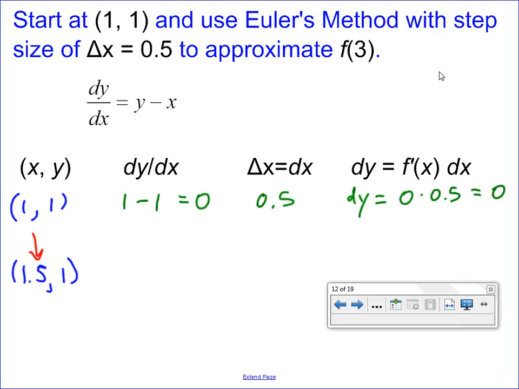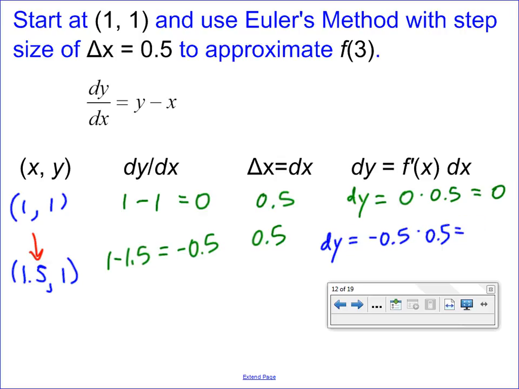All right. Now let's use my new point to calculate my instantaneous rate of change using the differential equation. So I get 1 minus 1.5, which equals negative 0.5. Is that what you guys are getting? Multiplied by my delta x, 0.5, produces my predicted change in y: negative 0.5 times 0.5. So what are we predicting?